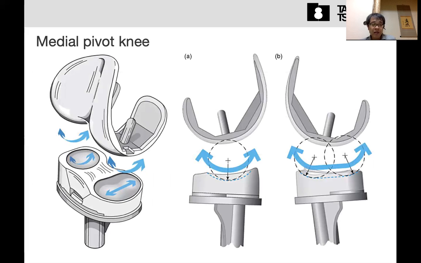The medial side is high constraint, high conformity, just like a ball and socket configuration articulation. In contrast, the lateral side is flat on curve. So the lateral condyle of the femur can move anterior and posterior freely around the medial side.